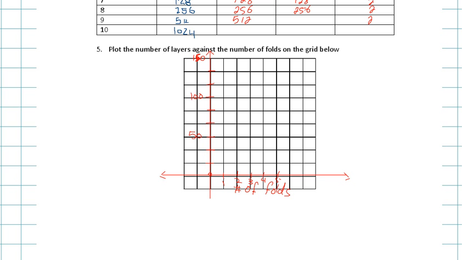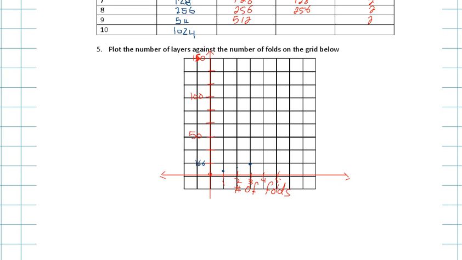I know you can't see this. If I have 2 folds, I have 4. If I have 3 folds, I have 8.